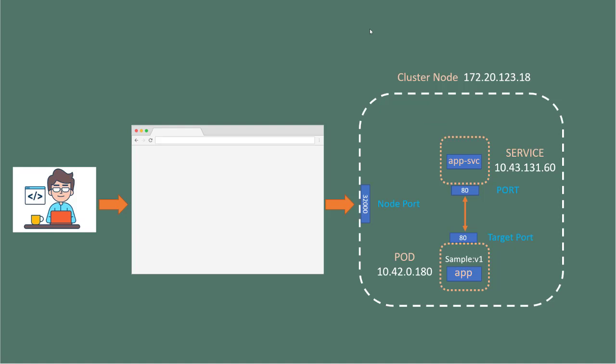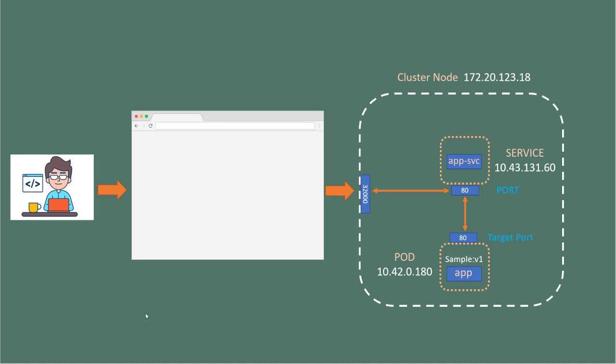When you bring up a node port service, the service will attach a port to the cluster node, with a one-to-one mapping between the service and that port. The problem is solved, and from the external, we just type the IP address of the node, and using the node port, we can access the application.